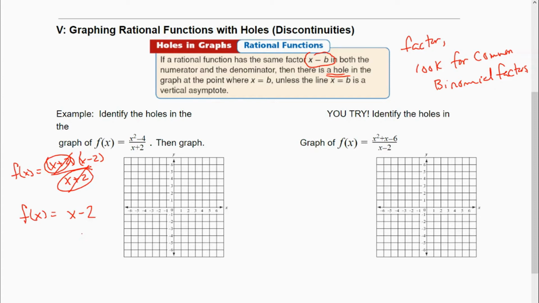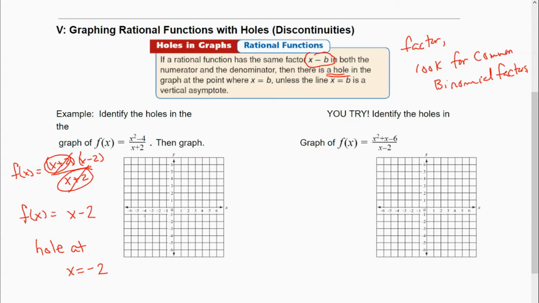And x minus 2 is really just a line, right? But because it started off as a rational function and that x plus 2 factor canceled out, that means that I am left with a hole at x equals negative 2. Okay, so it came from the factor that was canceled, is where my hole exists. Okay, so then let's look.